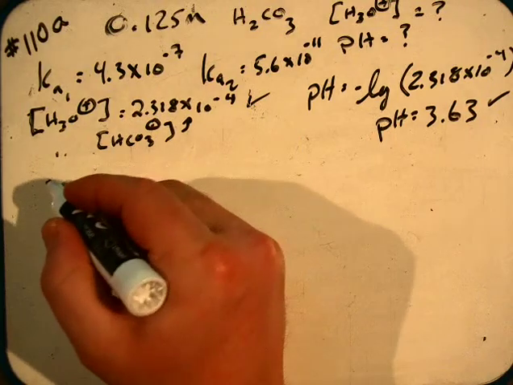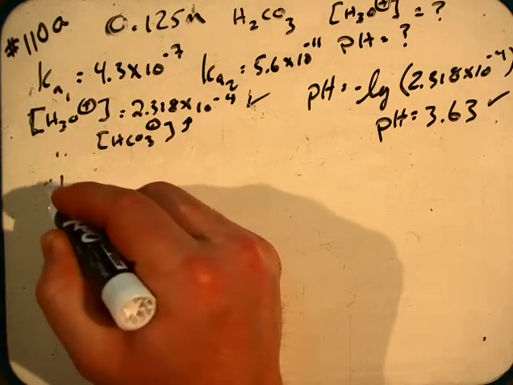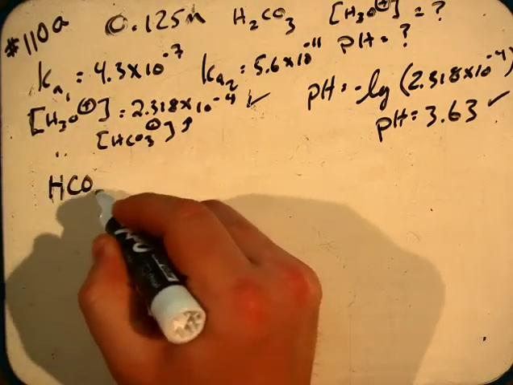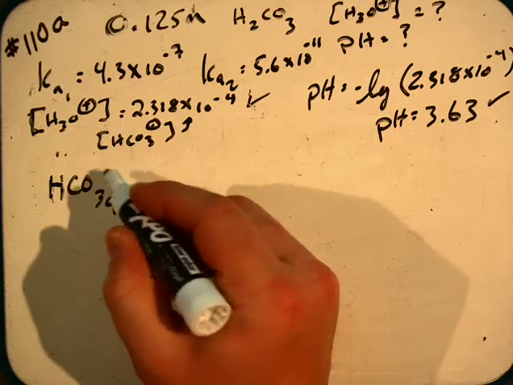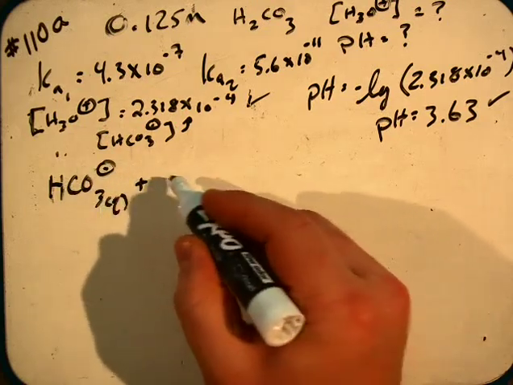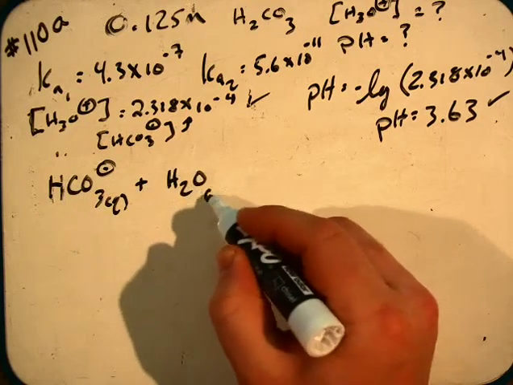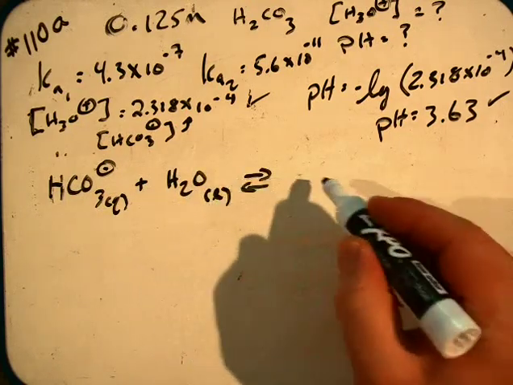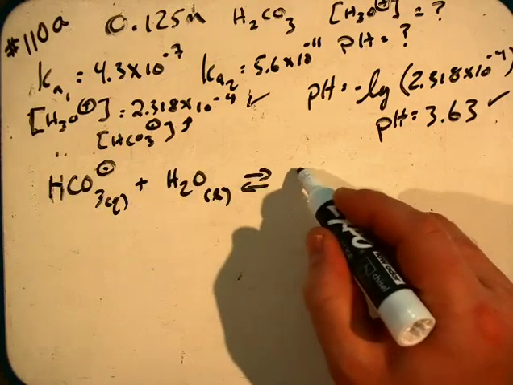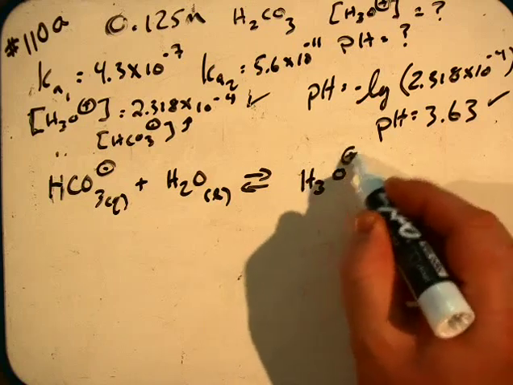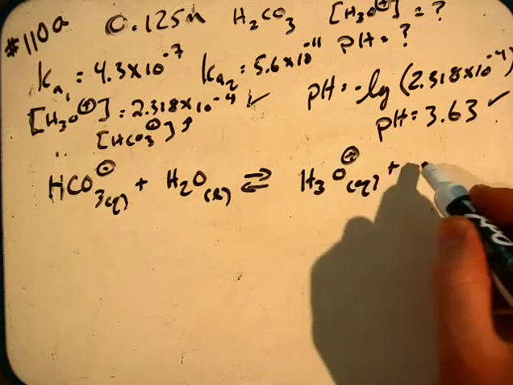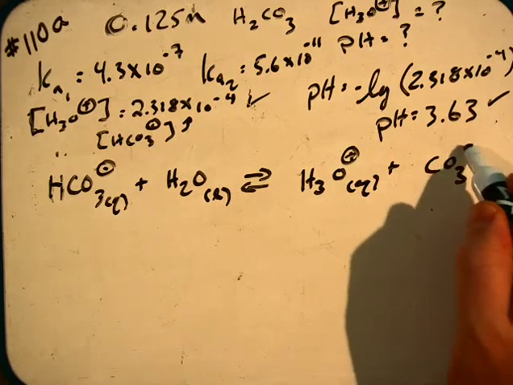And so we look at the second step, we now begin with our bicarbonate. That was the product of the first equilibrium. And so now it's going to be the starting material of the second. It's also going to donate a proton and then form carbonate.